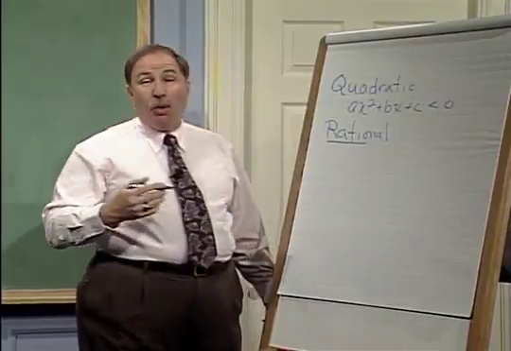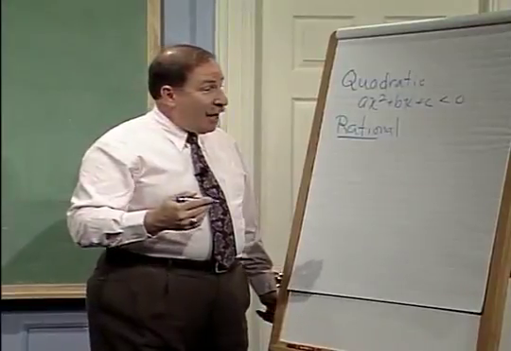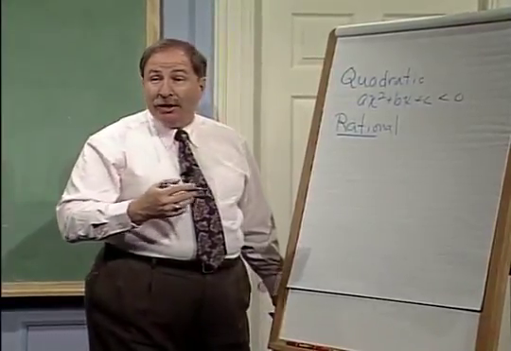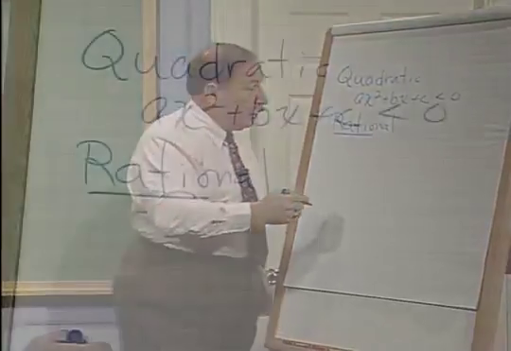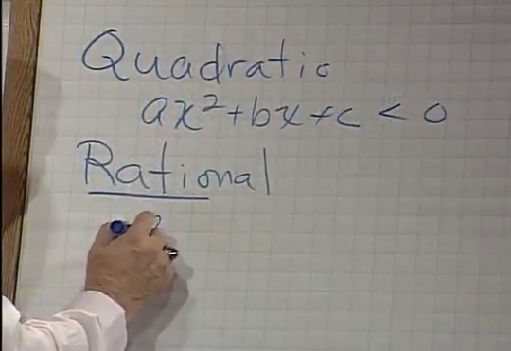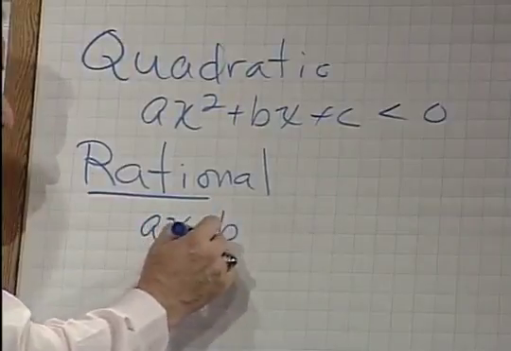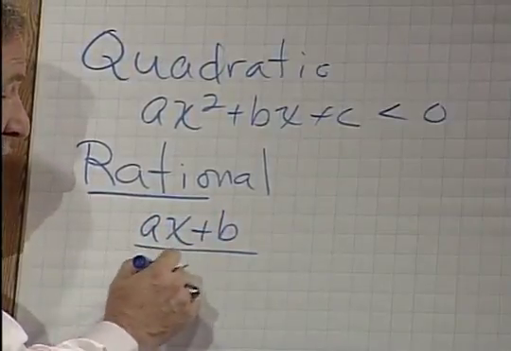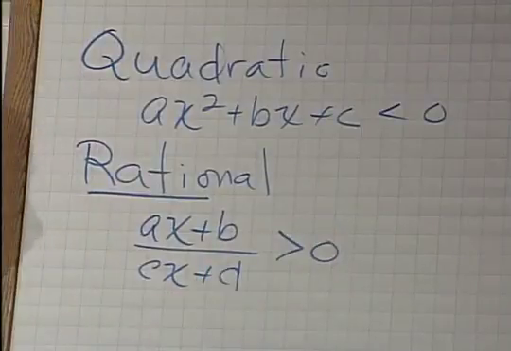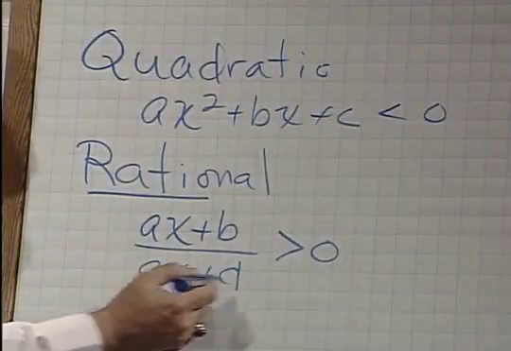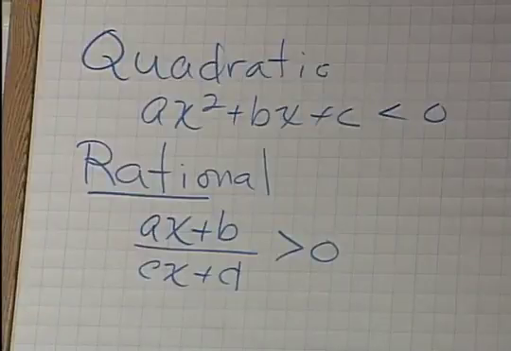A rational inequality would have a fraction whose numerator and denominator were polynomials, and then a less than or greater than. For example, you might have ax plus b over cx plus d is greater than 0. And that's a rational inequality. So these are the two kinds of inequalities we're going to solve.